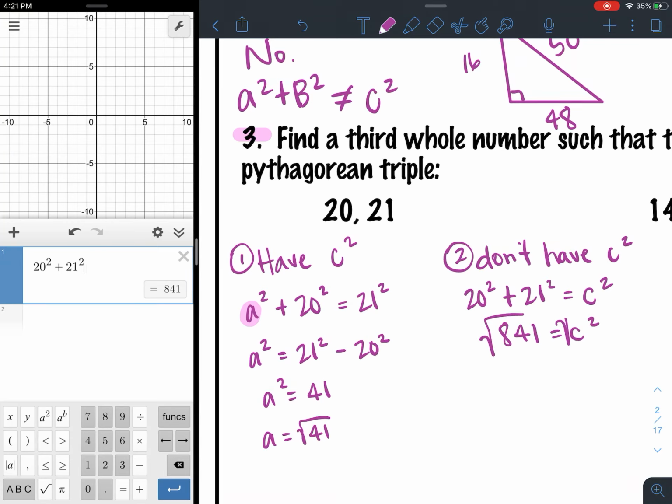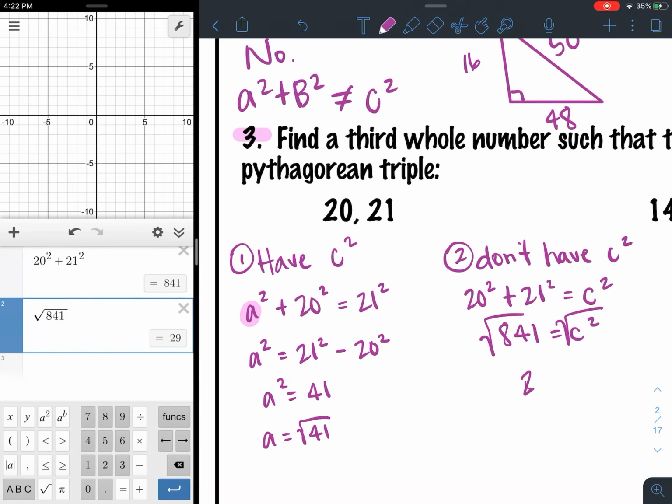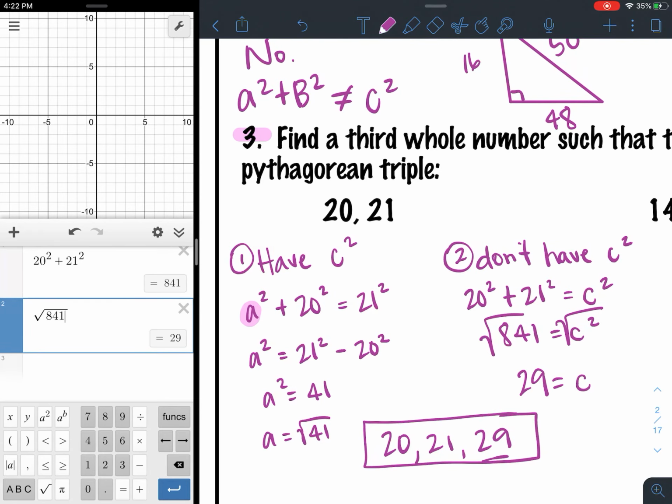And then when I take the square root of both of those, the square root of 841 is 29. So I have 29 is equal to c.